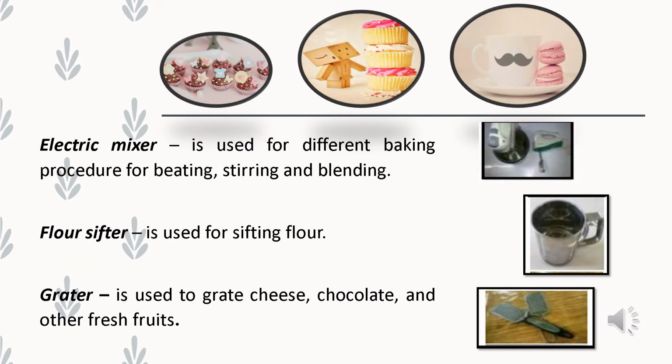Electric mixer is used for different baking procedure such as beating, stirring, and blending. Flour sifter is used for sifting flour. Grater is used to grate cheese, chocolate, and other fresh fruits.